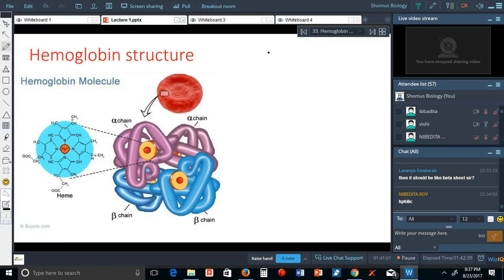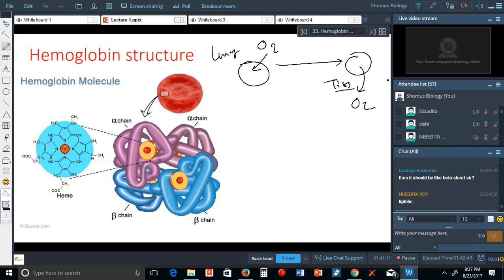Remember, hemoglobin's job is to bind to the oxygen in the lungs, carry the oxygen through blood, and release the oxygen in tissue. These are the three jobs. This is the complete work of hemoglobin. So if hemoglobin fails to release oxygen to the tissue, then that's a problem. If it fails to bind to the oxygen in the lungs, that's also another big problem.